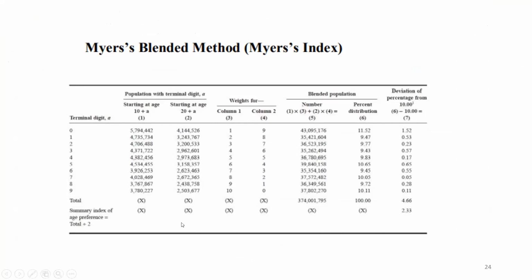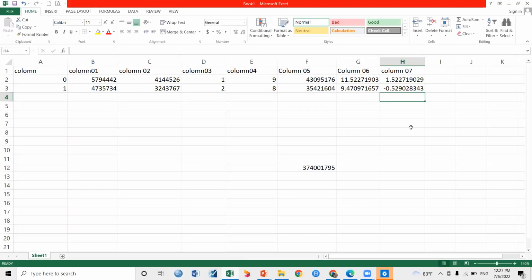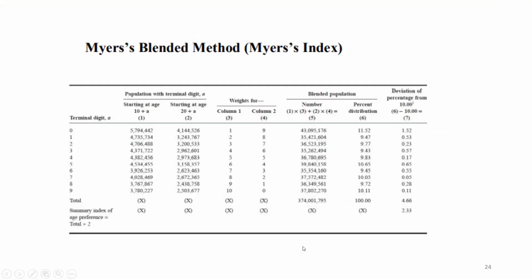When you subtract 10 from this value, you will have a minus answer here, but we can take the absolute values. In that case, we can remove pluses and minuses. So at the end, you can add up all those values together. So that's the step, and that's the way of completing this part.